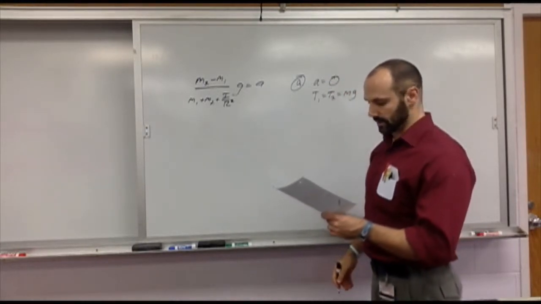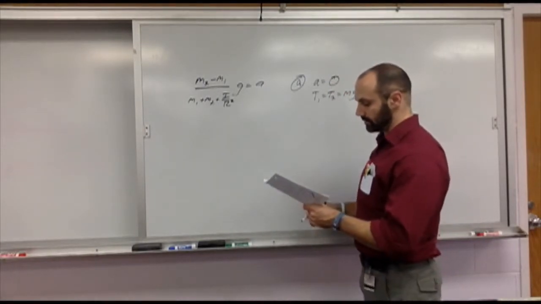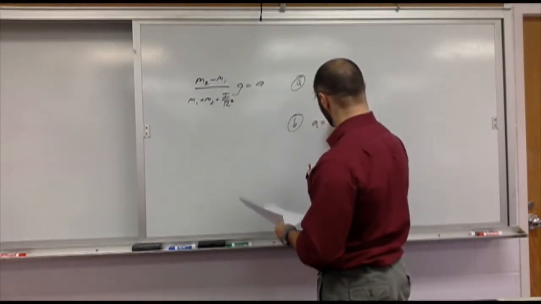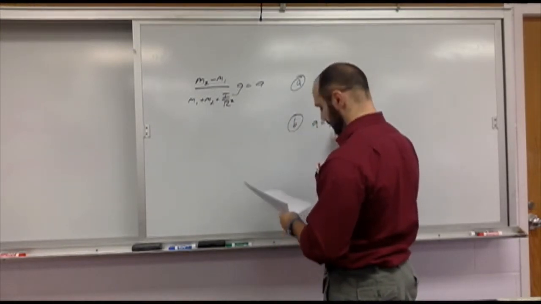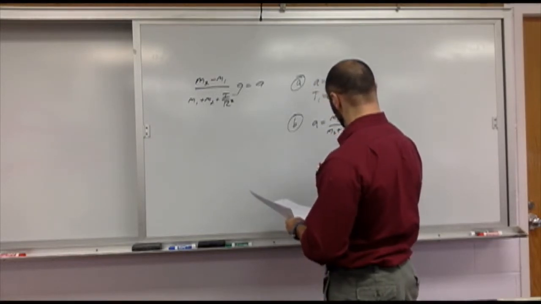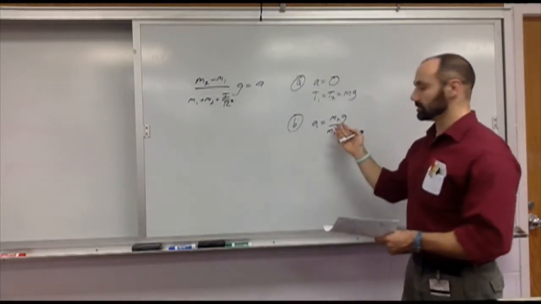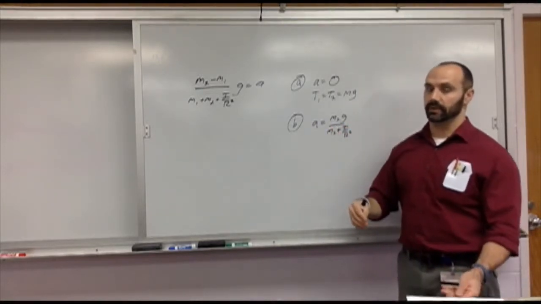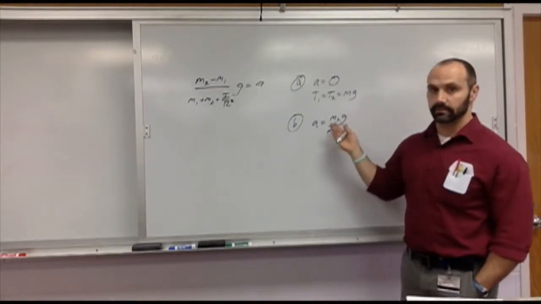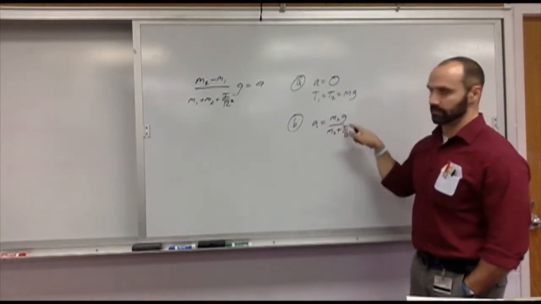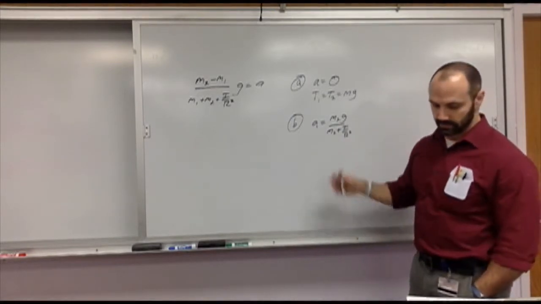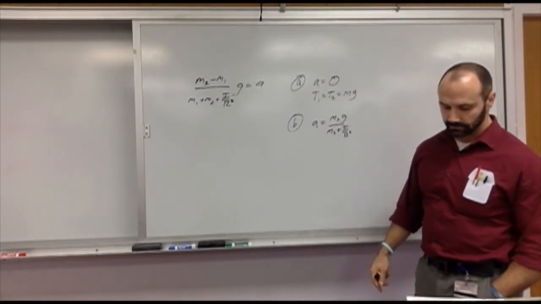And if m1 is much, much greater than m2, then the acceleration is m2 g over m2 plus I over r squared. Previously, when we didn't have torque created by the pulley, this was just g. But now we still have that mass of the pulley that has to be spun around, so it doesn't just go to zero.